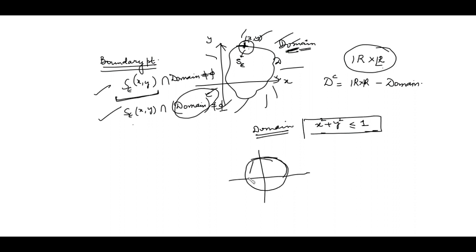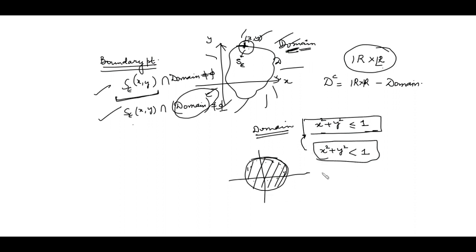So this is our domain set, right? What are the interior points of this set? Interior points are all those (x, y) such that x squared plus y squared is strictly less than 1. All the points strictly lying inside this circle are the interior points for this domain, right?